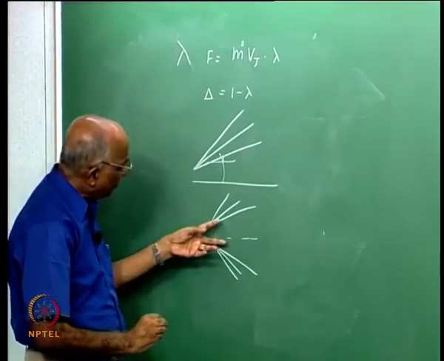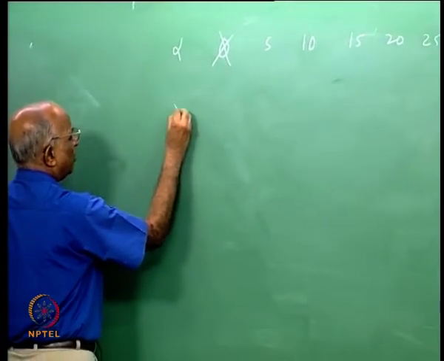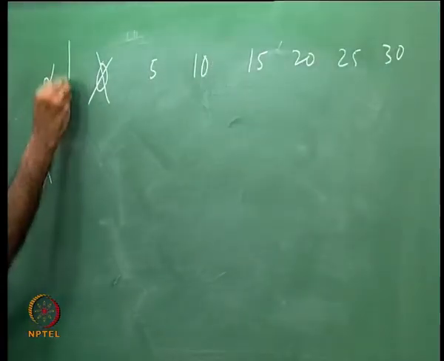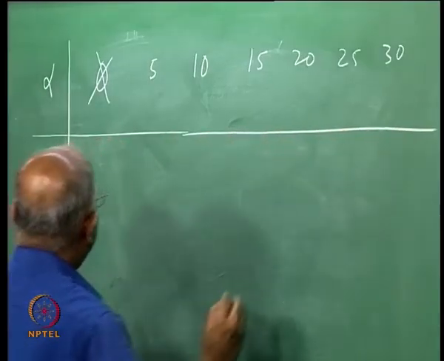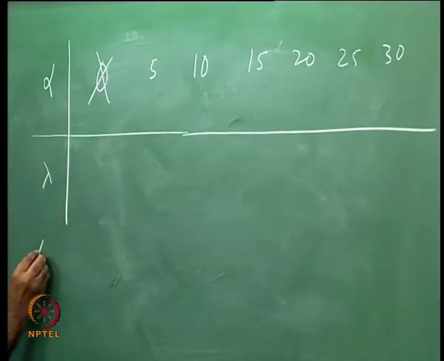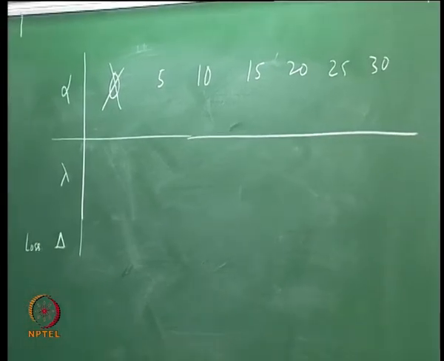I want to find out, if I have these nozzles, what are the typical losses. Therefore, I would like to put in the value of lambda for each of these angles, and also find out the real loss I get. That means this is the divergence loss coefficient and this is the loss which I have in the nozzle.